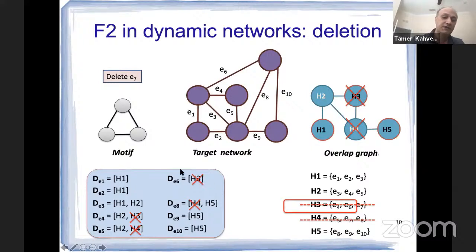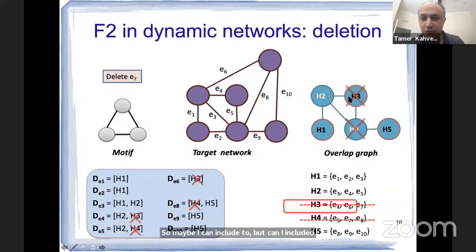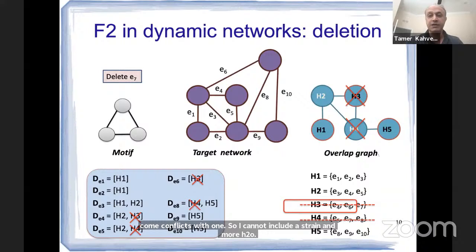So I look at 6. Now 6 is empty, so I cannot include anything from here. Then I look at 4. 2 is available. So maybe I can include 2, but can I include it? Now H2 doesn't conflict with 3 anymore, but it still conflicts with 1. So I cannot include H2 anymore. So my motif count goes down by 1.